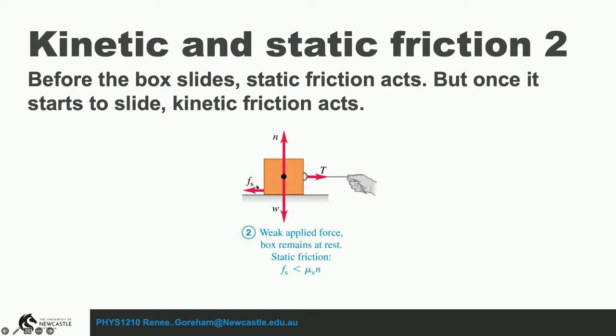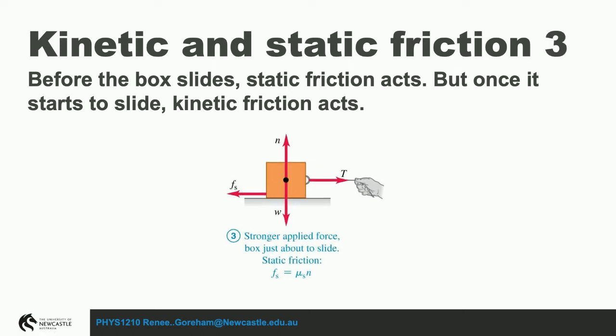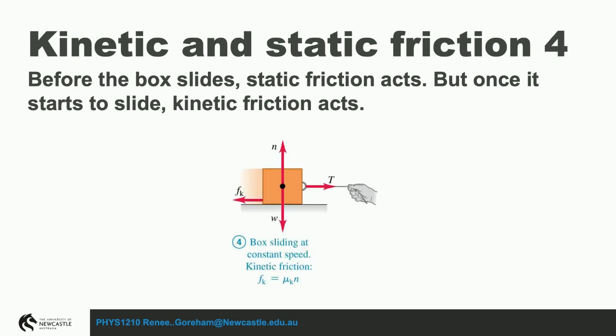Once we start applying a stronger tension force to try and get that box to move, the frictional force will then be equal to the static coefficient times the normal force. And then once it does start moving, you have the kinetic frictional force, so it just changes from Fs to Fk, and that's equal to the kinetic coefficient times the normal force.